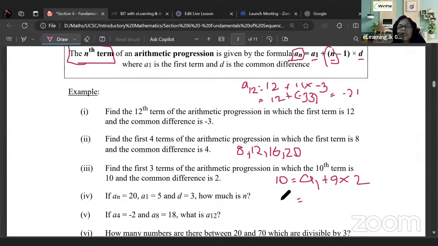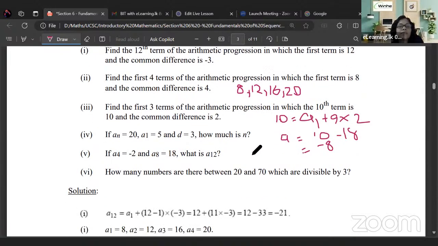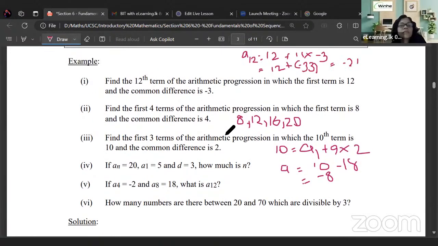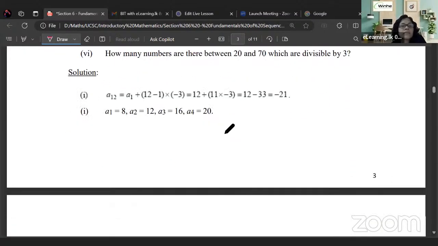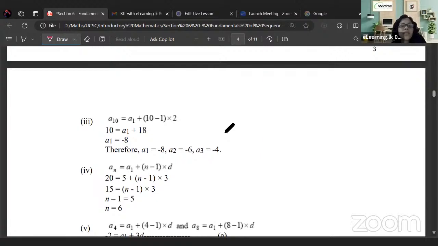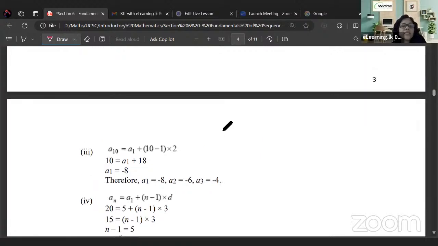Then A1 is equal to 10 minus 18, that is minus 8. Right? You can see the answer for this one is A1 is minus 8.